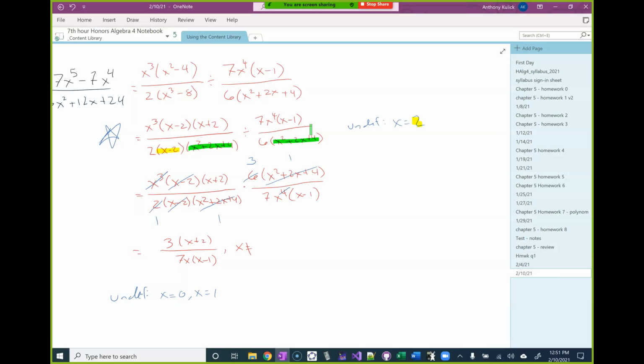Yeah, Edmund? It's not positive 2 and negative 2, because that thing's not factorable, right? What would you have to use on it? Quadratic formula. But we don't really need to. Because in this case, where does that x squared plus 2x plus 4 come from? We got it when we factored a difference of 2 cubes, right?